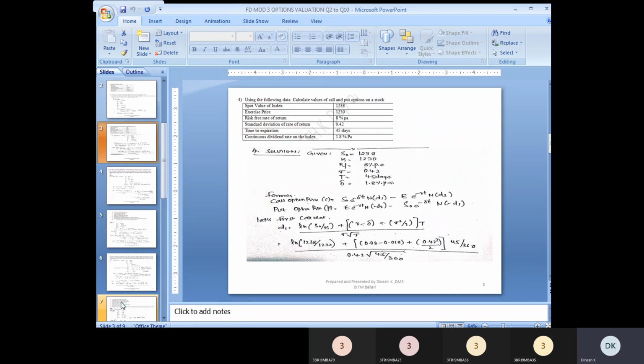Sorry, d2 and N(d2). N(d2) is 0.5 plus the table value for 0.451. 0.0160, sir.